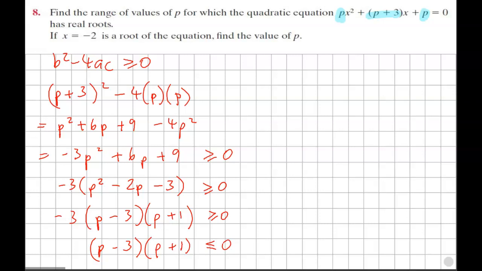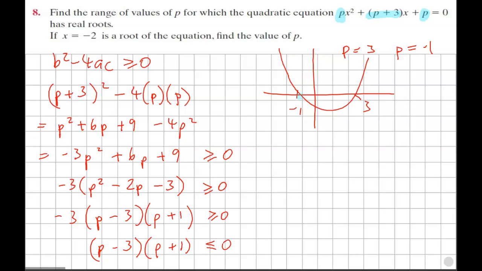So here we have a quadratic, which is a positive quadratic. It crosses at -1 and 3. They're the solutions, the critical values that are produced from that inequality. And we want it to be less than 0.